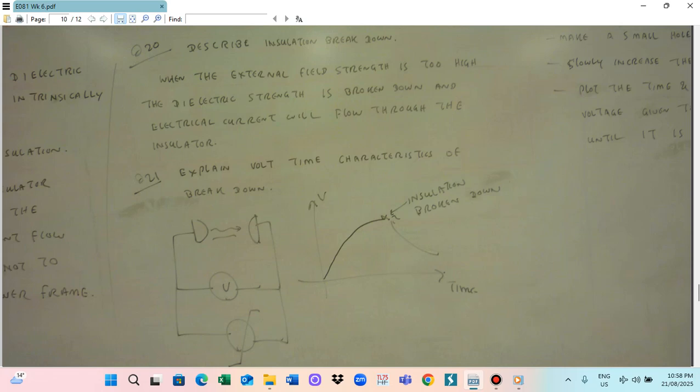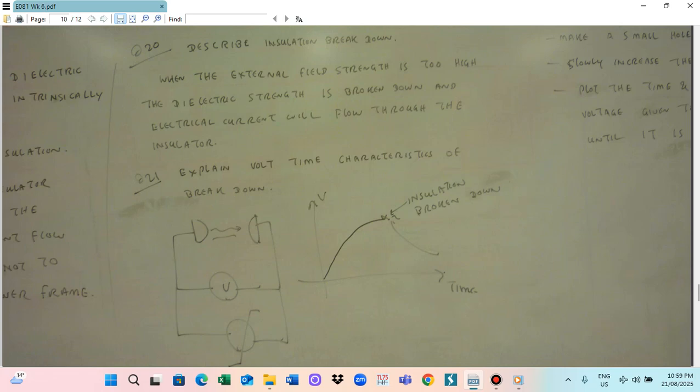For the time required to break down, we can plot the graph. This is the voltage-time characteristic. We make a small hole in the test piece and slowly increase the voltage, and plot the time and the amount of voltage given to the test piece until it breaks down. This is the voltage-time characteristic test.